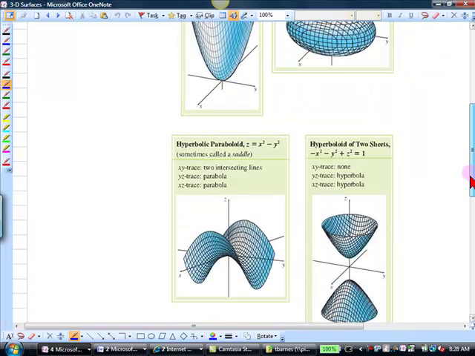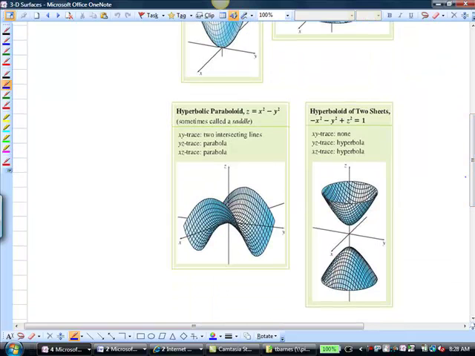And then you've got a hyperbolic paraboloid, and it's sometimes called a saddle. Can you see that it looks kind of like a saddle? And you're going to need to remember that when we get down to 17.3, because they're going to talk about a saddle point. This will be a good reference sheet. And here's the hyperboloid in 2 sheets, which looks more like a regular hyperbola.